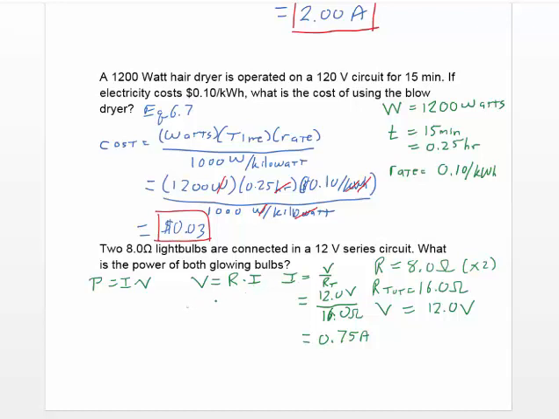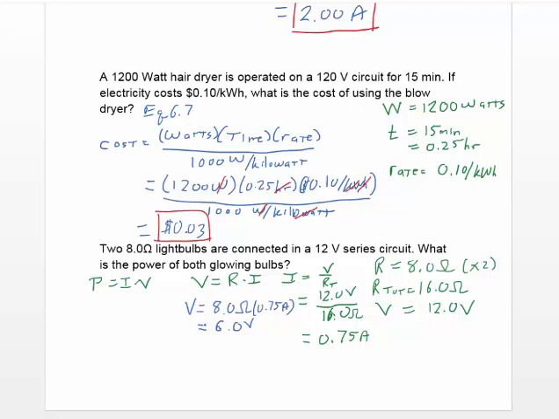We figured out the current, so we can say that the voltage across each of these is equal to the resistance on one, 8.0 ohms, times 0.75 amps. So the voltage is going to be 6 volts across each of these two.